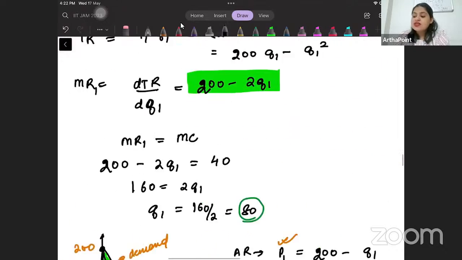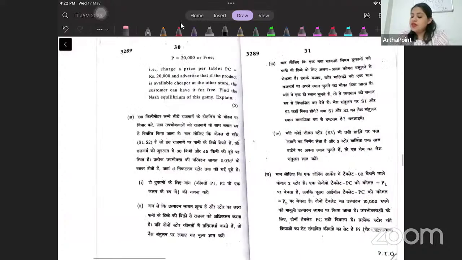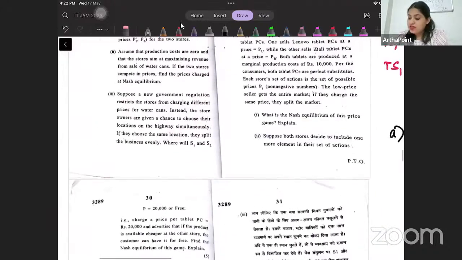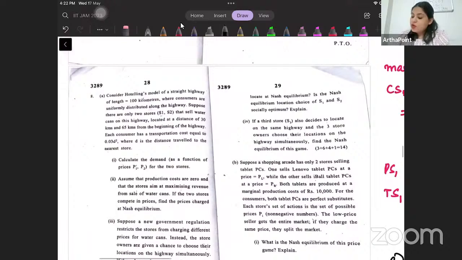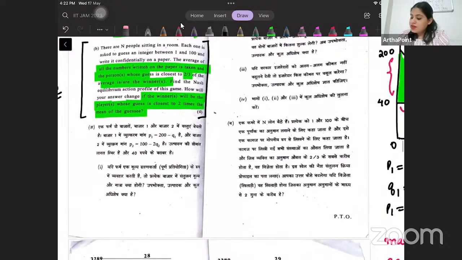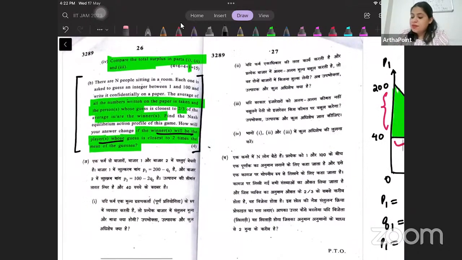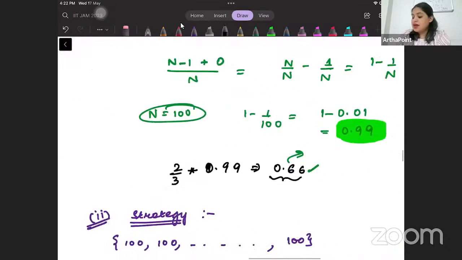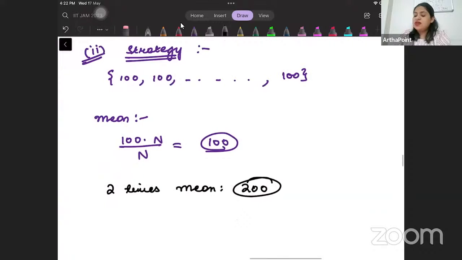So as long as each of the individuals is giving the same answer, each of them is equally close to the 2 times the mean. So then each will be a winner.